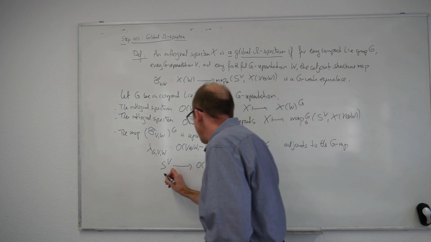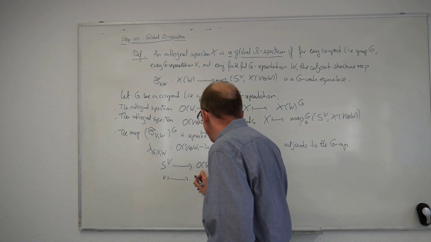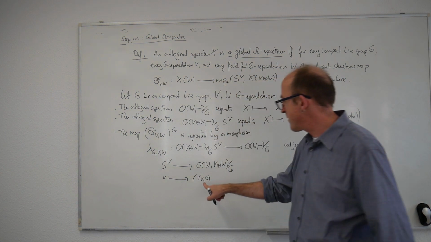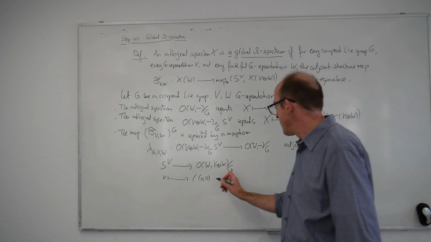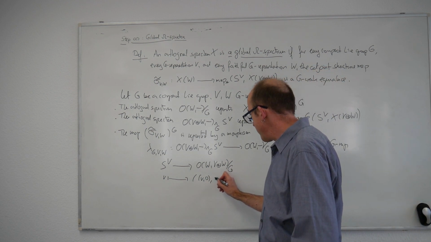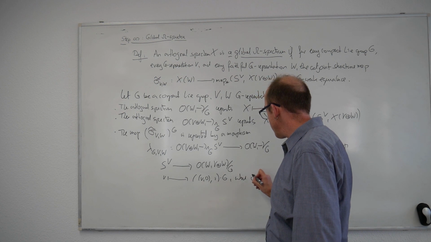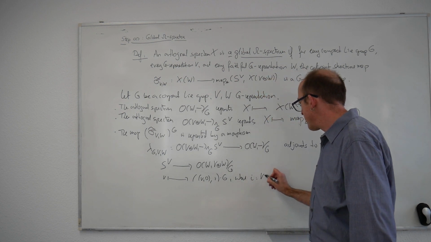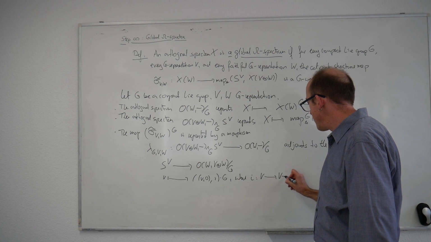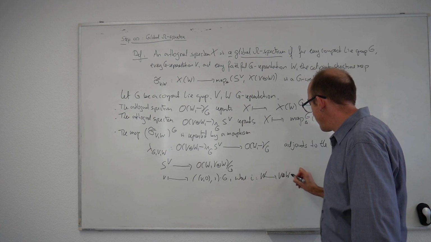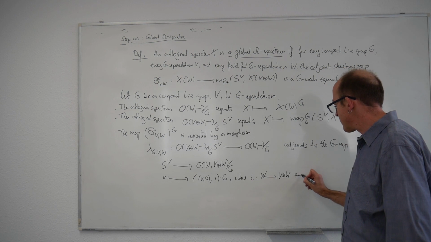And the map I'm taking is sending v to the orbit of the pair consisting of the vector little v, comma 0, and the linear isometric embedding i, and then the G orbits. And i is just a direct sum embedding from W to V plus W, the embedding of the second summand.